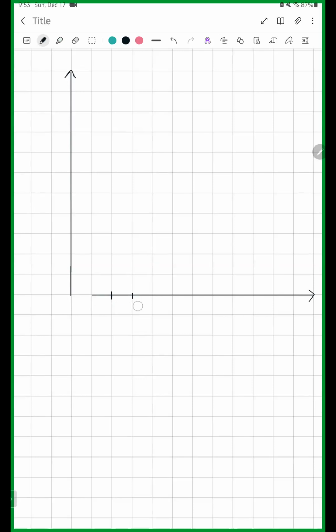Or if you want, you can write it slanting. 135.5, then 144.5, then the next one is 153.5, 162.5. I hope you are all also writing it simultaneously.